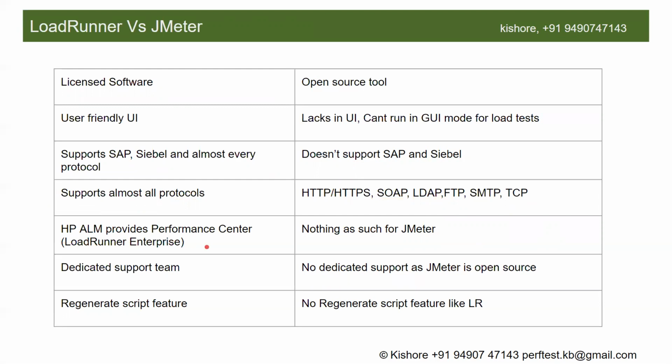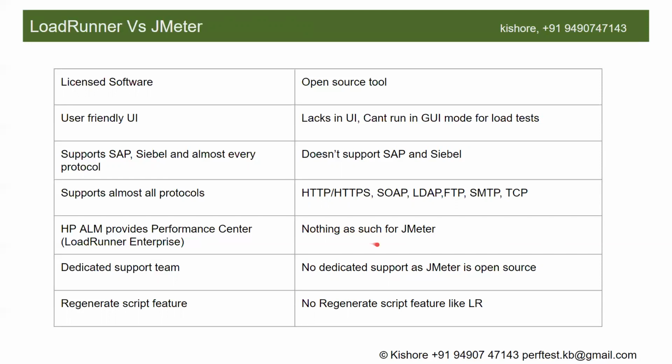And HPLM provides the Performance Center, now called Loadrunner Enterprise starting 2020, right? So Loadrunner Performance Center is called Loadrunner Enterprise, right? And Loadrunner Enterprise or Performance Center has its own benefits, which we will be discussing in another session.